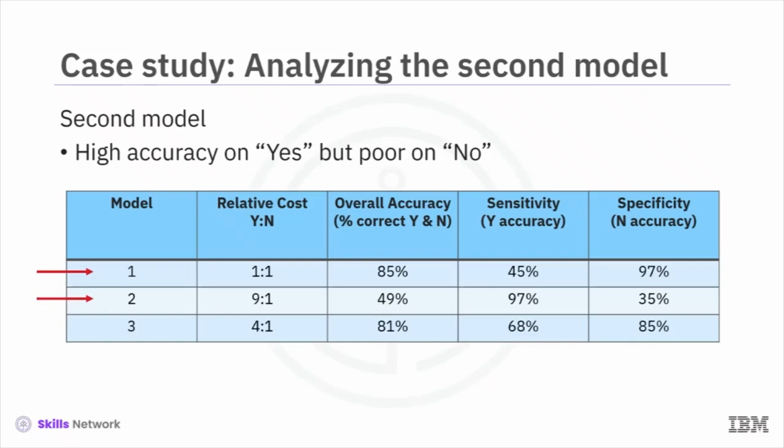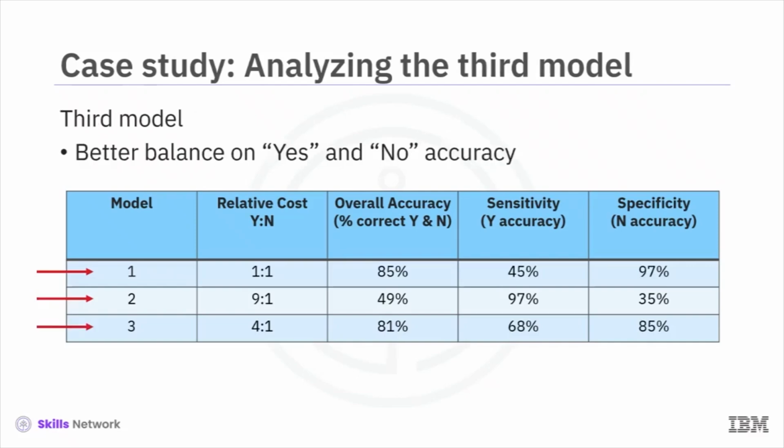This was clearly not a good model. The problem with this outcome is a large number of false positives, which would recommend unnecessary and costly intervention for patients who would not have been readmitted anyway. Therefore, the data scientist needs to try again to find a better balance between the yes and no accuracies.